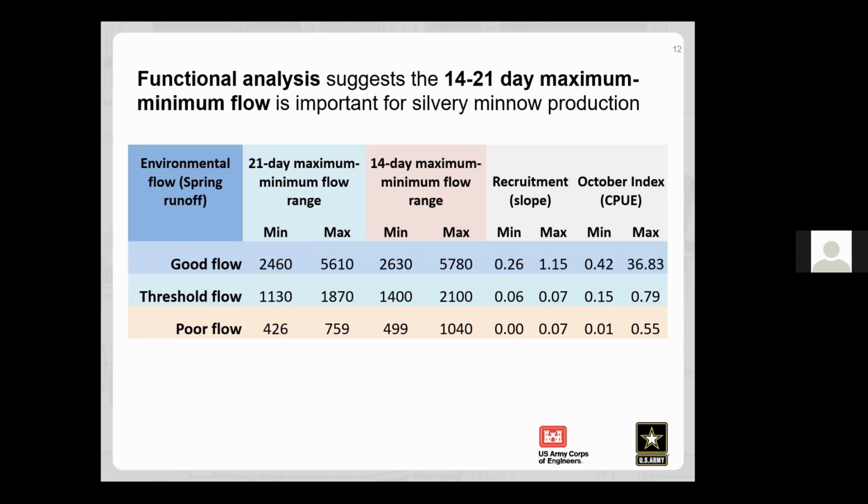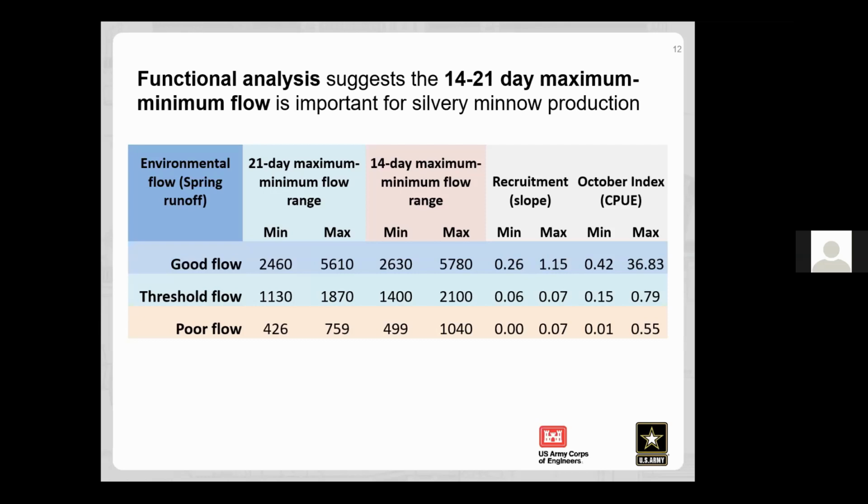The threshold flows are intermediate between those, and those flows are between 1100 and 2100 for 14 to 21 days. And that matches up with what Rich was talking about with the mesolarvae swimming ability and the metalarvae swimming ability.